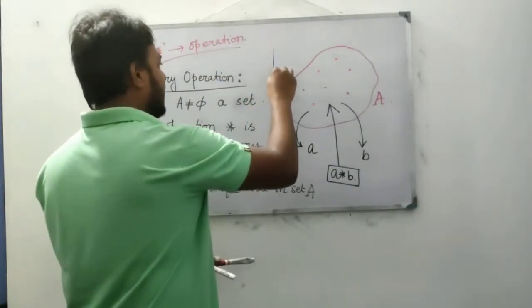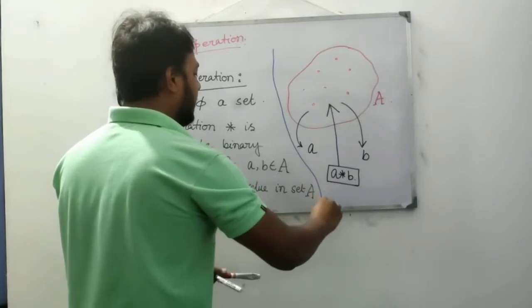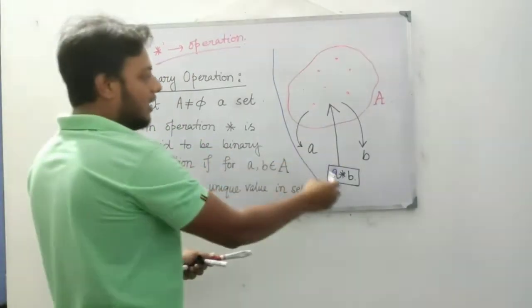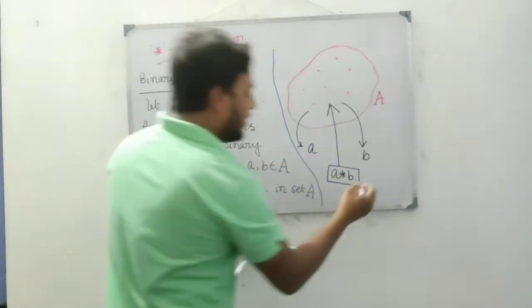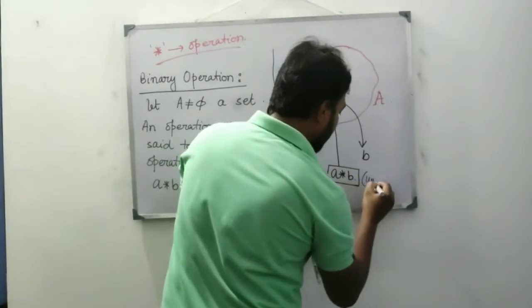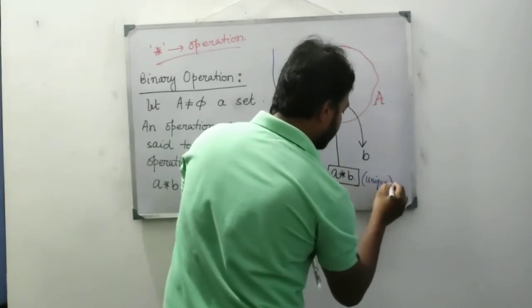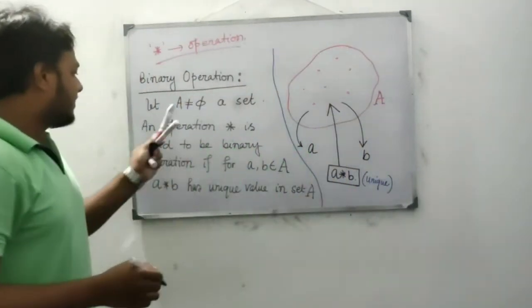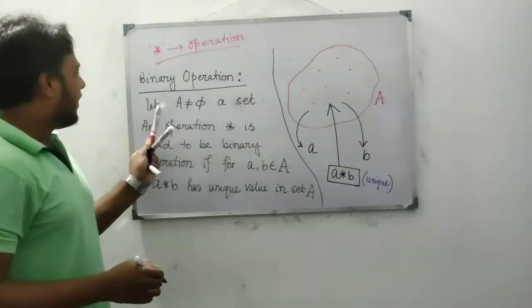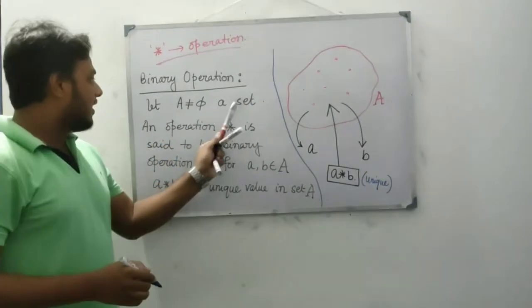We can give the definition of binary operation in this way. This is the graphical representation of the definition. It should be unique, it is very important. And this is the actual definition: A is a non-empty set.